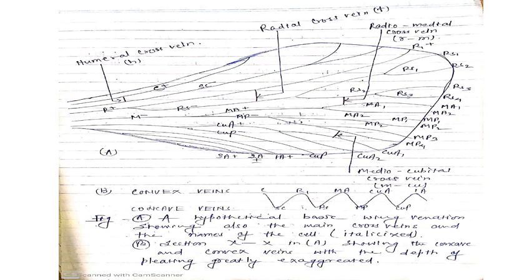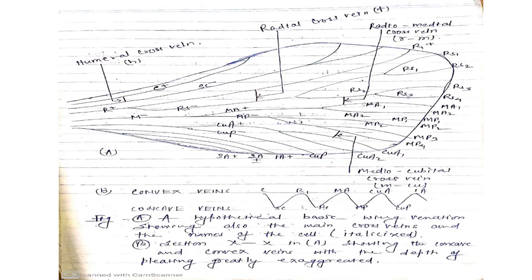In this diagram, the media is represented by M, cubitus by CU, anal by A, and their branchings have been represented in this diagram. And the status of the veins as convex and concave is also represented in figure B.